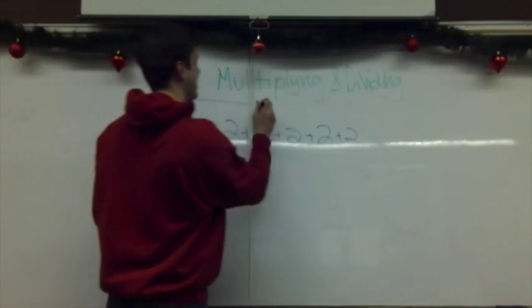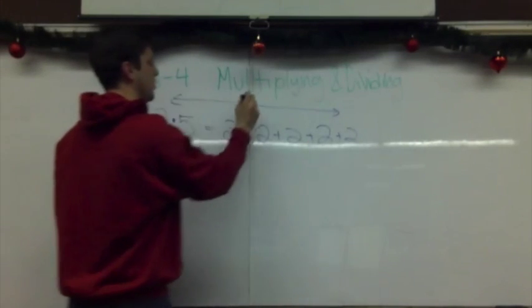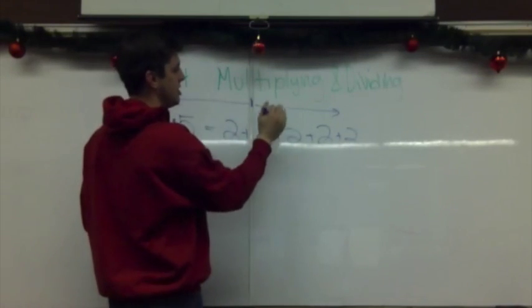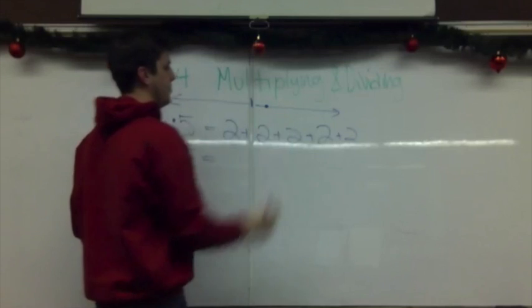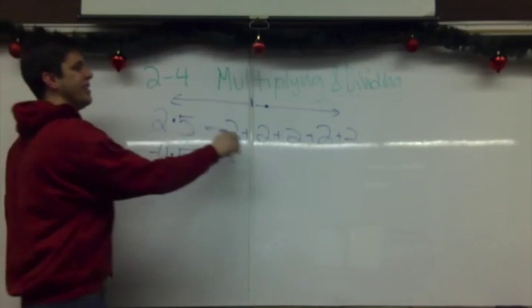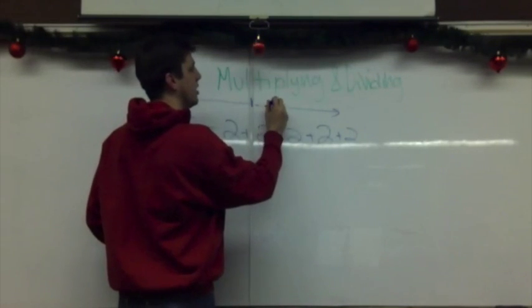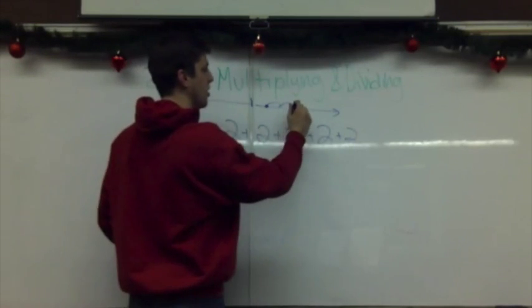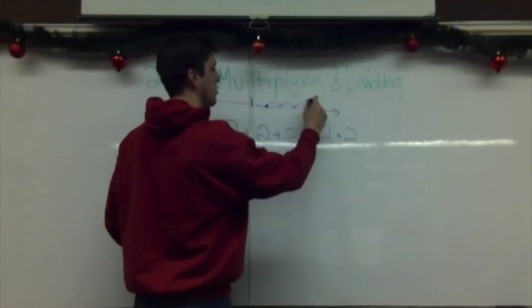And when you say 2, suppose this is 0, that means you're starting right about here. And then you add 2 more. So you go 2 more. You add 2 more. Go up 2 more. Add 2 more. Go up 2 more. Add 2 more. Go up 2 more.